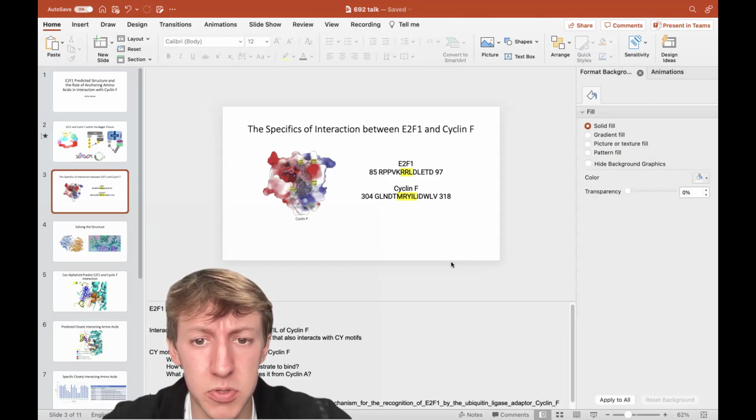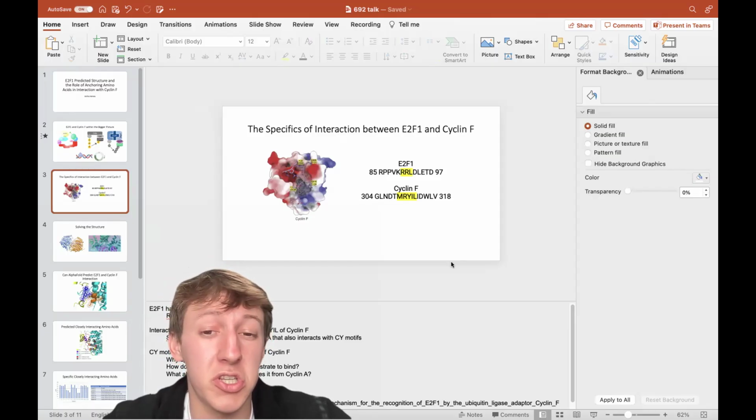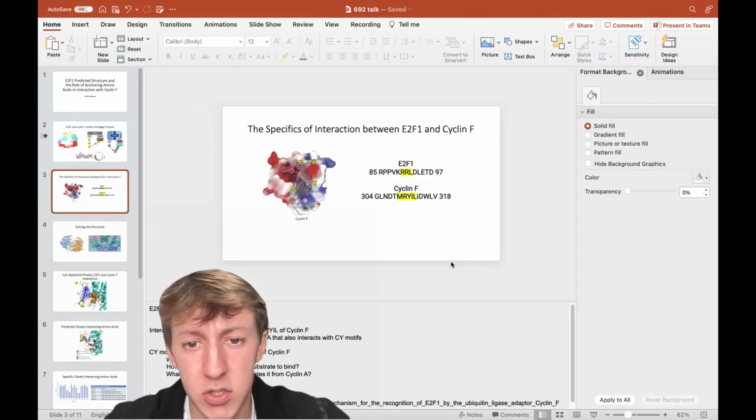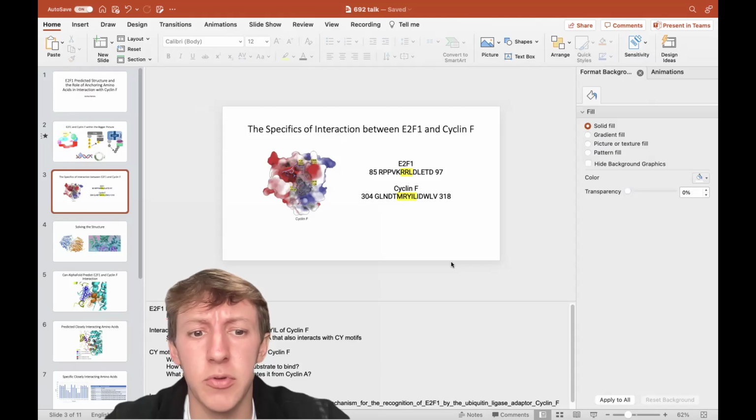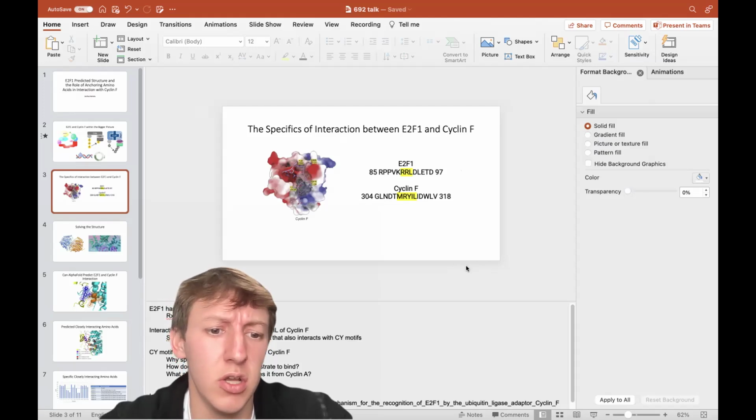This specific Cy motif is the second Cy motif within E2F1, so I'm going to call it Cy motif 2 throughout the rest of this presentation.